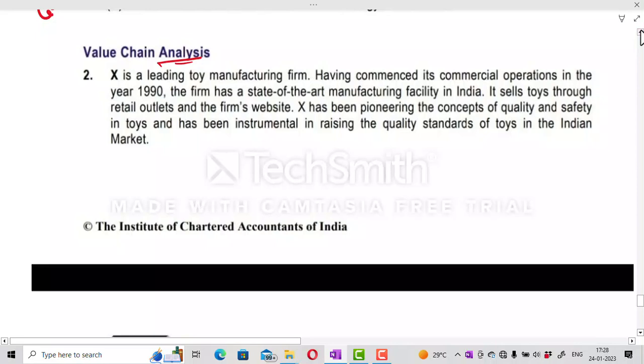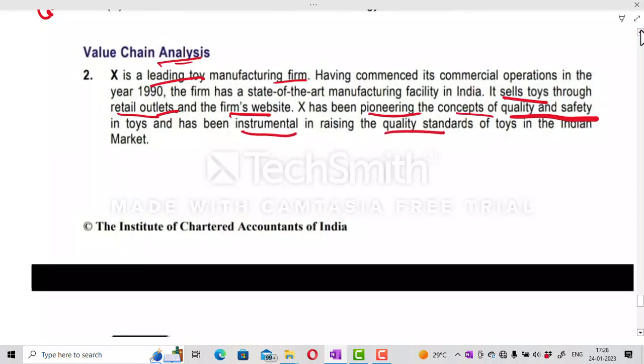X is a leading toy manufacturing firm having commenced its commercial operations in the year 1990. The firm has a state-of-the-art manufacturing facility in India. It sells toys through retail outlets and the firm's website. X has been pioneering the concepts of quality and safety in toys and has been instrumental in raising the quality standards of toys in the Indian market.